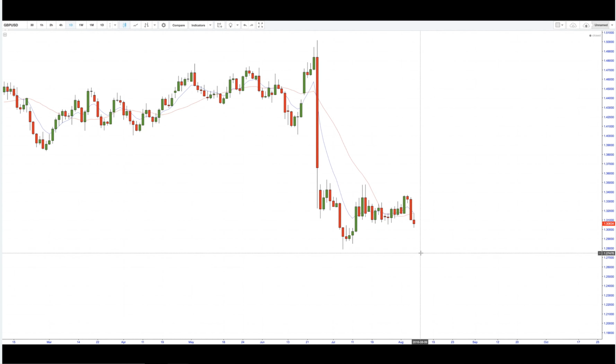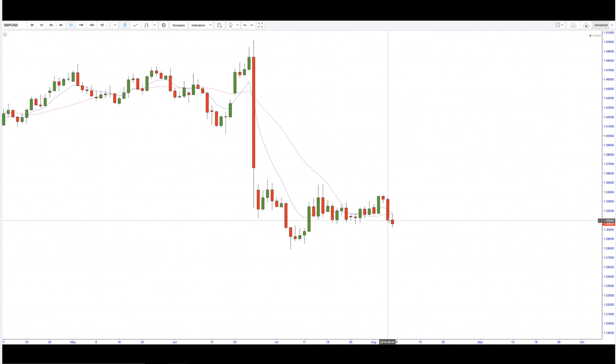What's also significant here is that we have a Marubozu on the candle, so we have no wick on the candle there. Again, that's in the book. That also tells me there's a lot of momentum to the downside. And this is actually due to some fundamental news that came out last week on the pound in regards to interest rates. And as you can see here, the moving averages are getting ready to cross over as well.